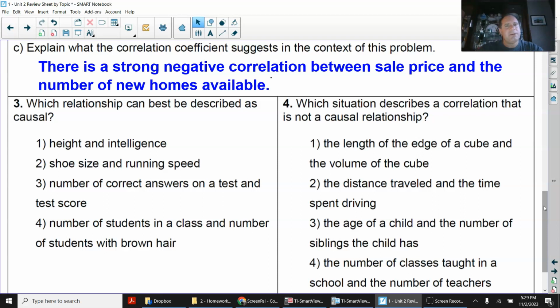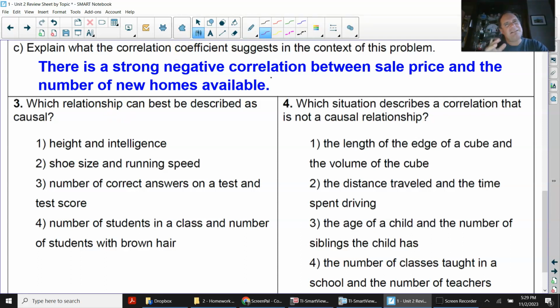So the question: which relationship can be best described as a causal relationship. Causal. So we're just going to go through and remember correlation doesn't really specifically cause event B. In a causal relationship, the cause A really causes B. So height and intelligence, that is not a causal relationship.